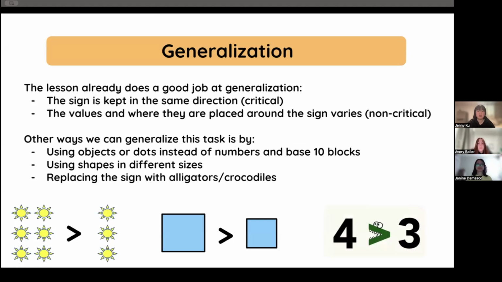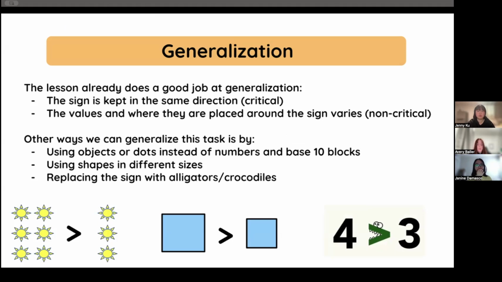So before we talk about our supplementary task, it is important to note that the lesson we chose already does a really good job at generalizing the greater than sign. In all of the tasks within the lesson, the sign is kept in the same direction, which is the critical aspect, while the non-critical aspects, which are the values and where they are placed around the sign, vary throughout.